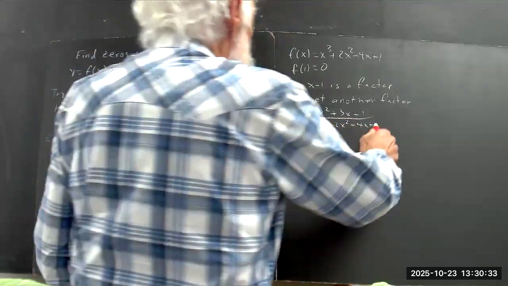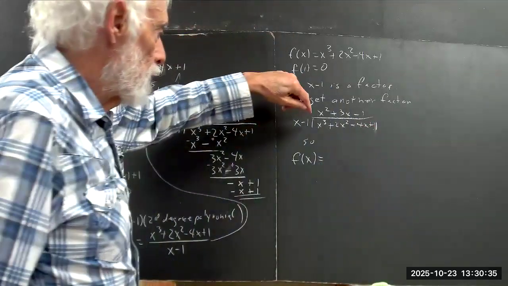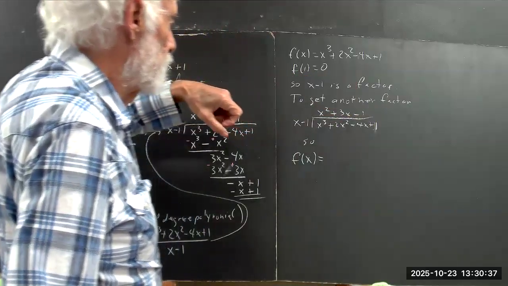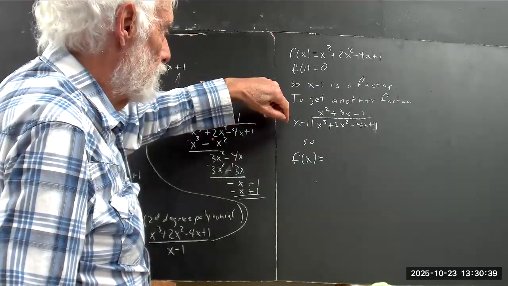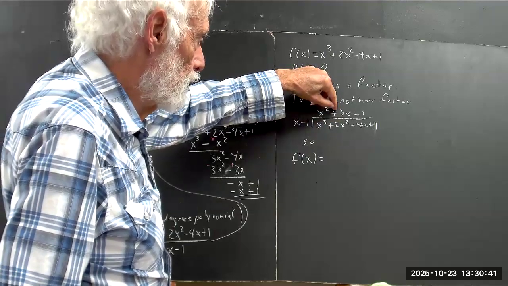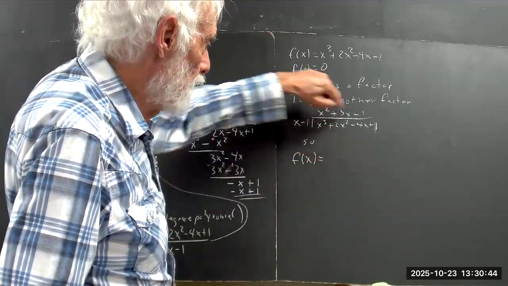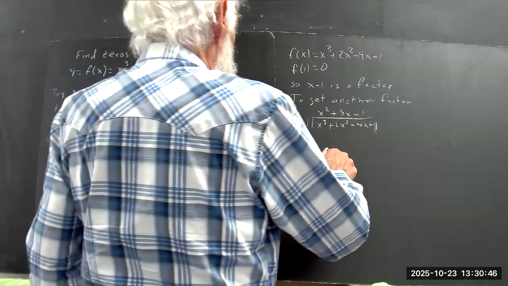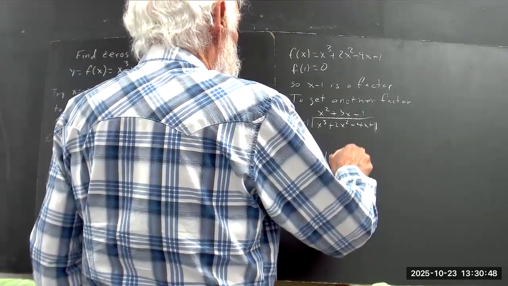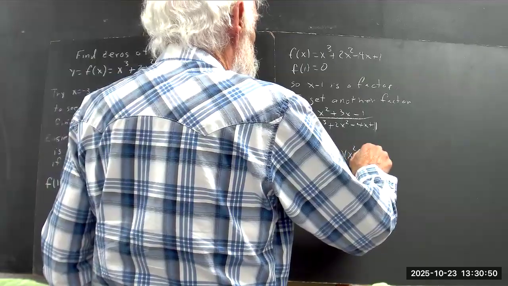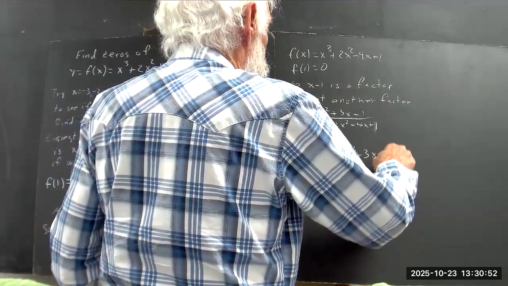Okay, there we go. Here's our f of x function. And if I divide this into that function, I get this, meaning that this equals this times this. So f of x is x minus 1 times x squared plus 3x minus 1.